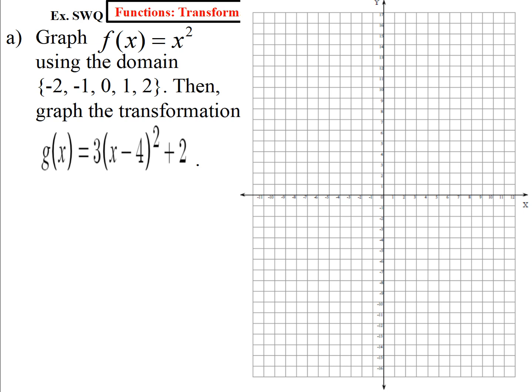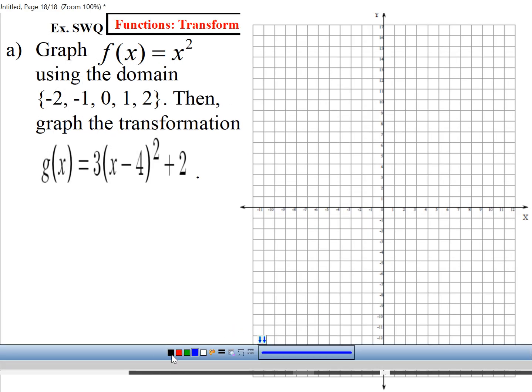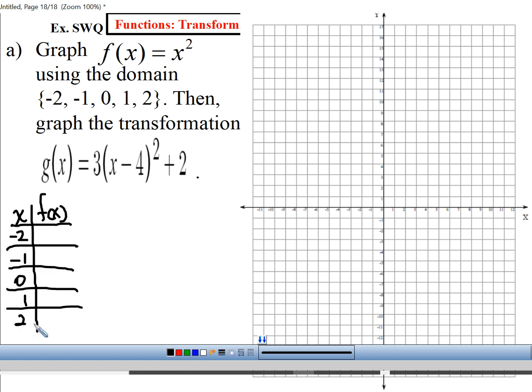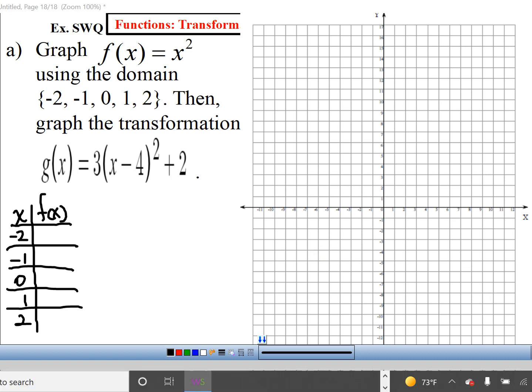And just to get you started, on the left side of your graph, also start a table so we can graph the parent function for the quadratic: -2, -1, 0, 1, and 2. Fill this in and graph your parent function, and we'll go from there. Copy that, please. All right, here we go.